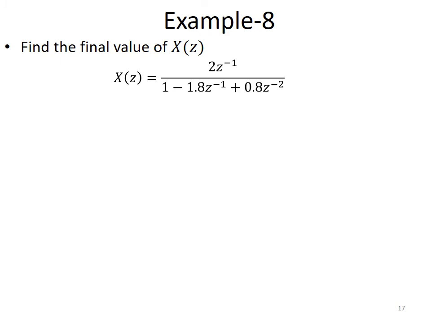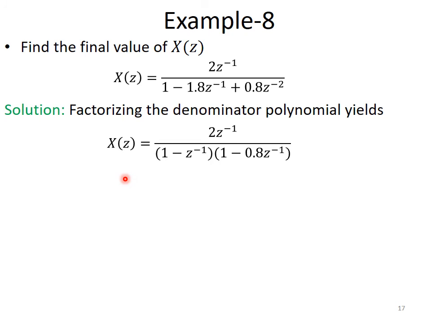Now let us apply the final value theorem to find out the final value of x of z, which is given by this function. So first we can actually simplify this function, because we know later in final value theorem we are going to multiply x of z with 1 minus z power minus 1, right?